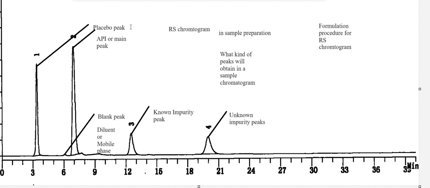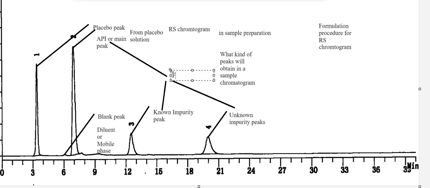The placebo peaks come from the placebo solution, and the rest, the API, known and unknown, these 3 kinds of peaks are from the sample.